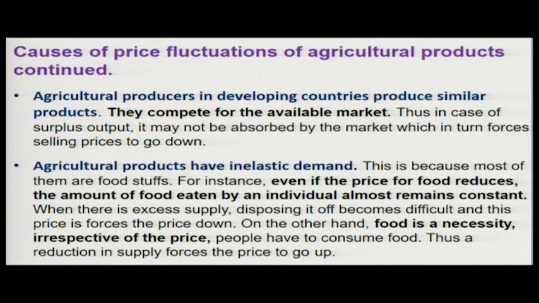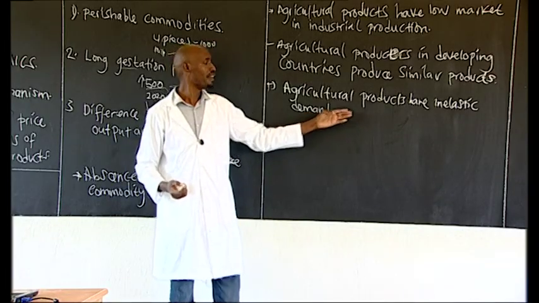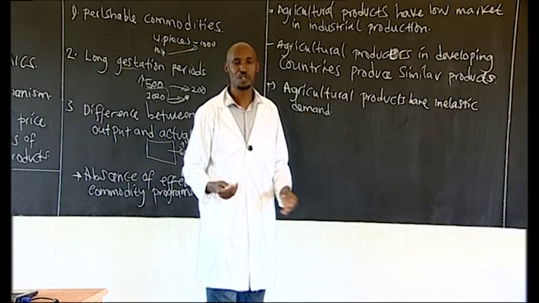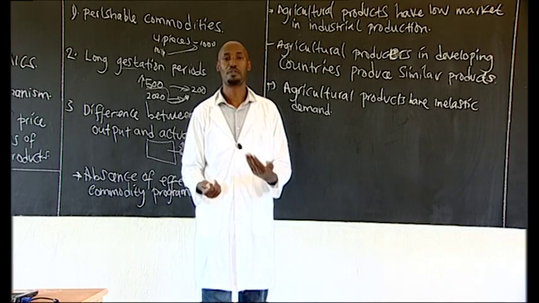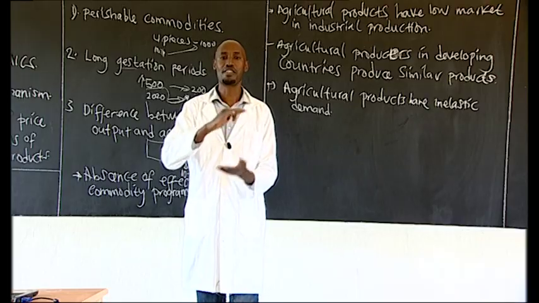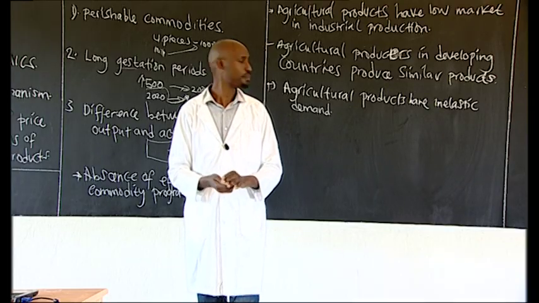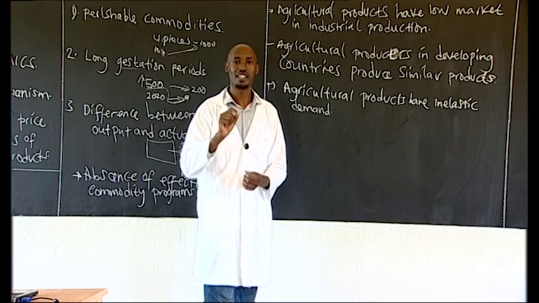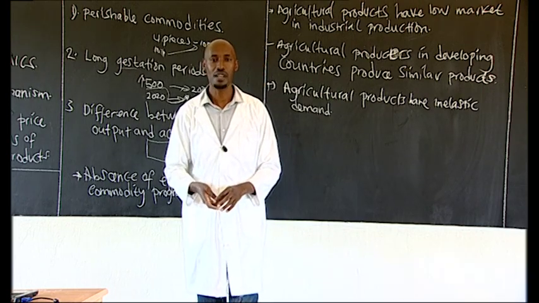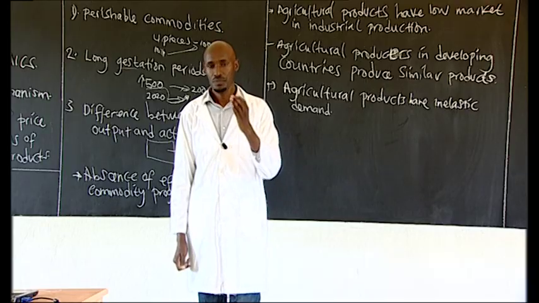So if I talk of inelastic demand, dear students, what does it mean? Elastic demand means that for a product, in case there is a change in price, the quantity demanded will change by a slight percentage in response to prices.